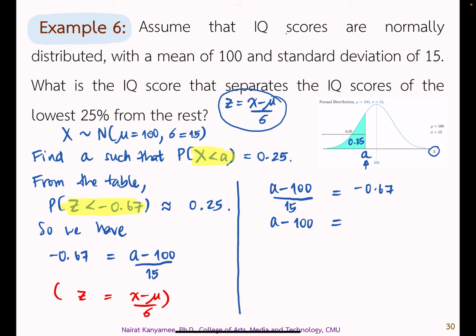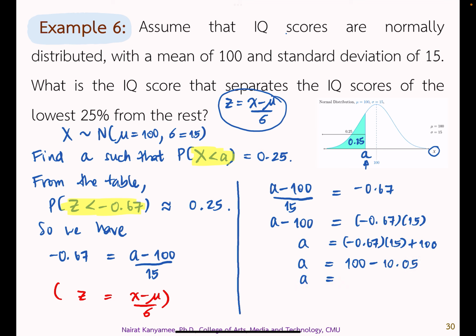Multiply both sides by 15. We have a minus 100 equals minus 0.67 times 15. So a is going to be, you multiply this value out, minus 0.67 times 15, then add 100 to both sides. Then you have a equals 100 minus 10.05.